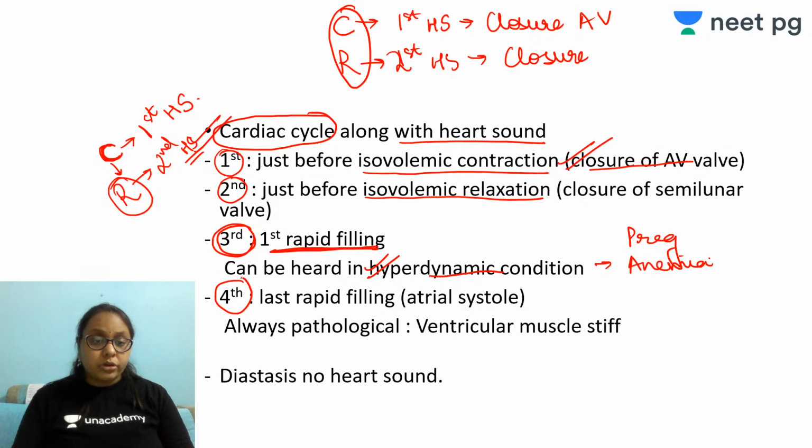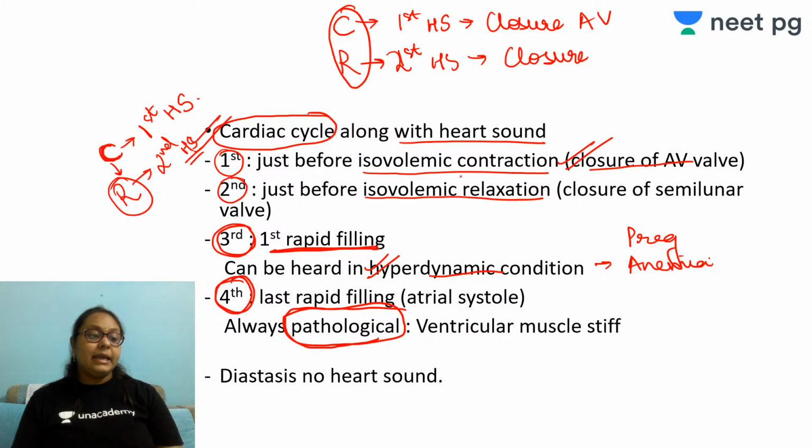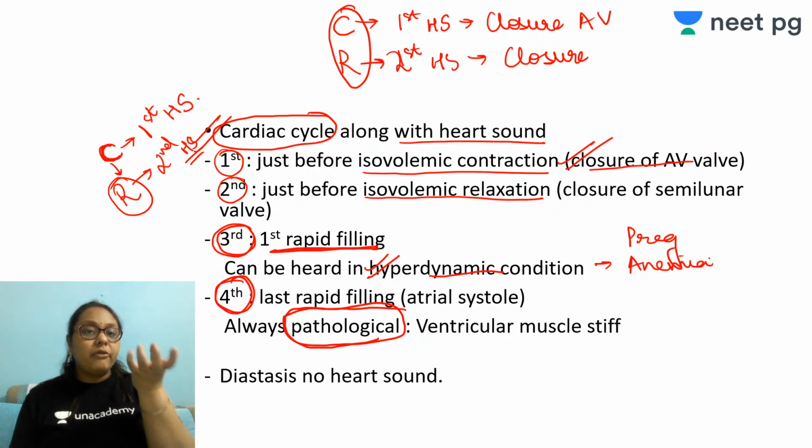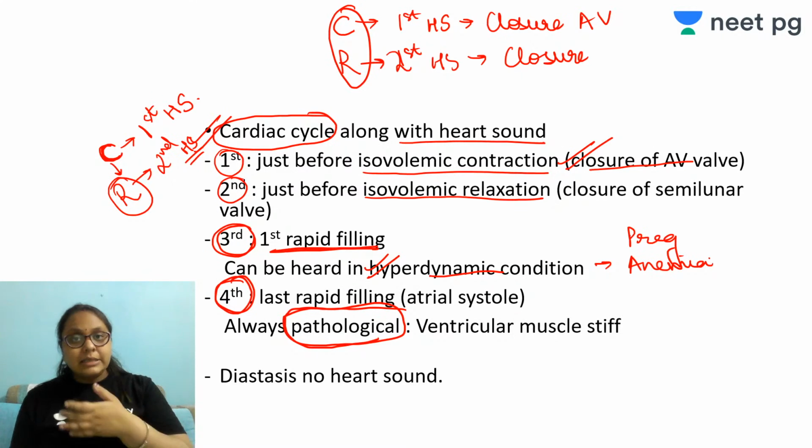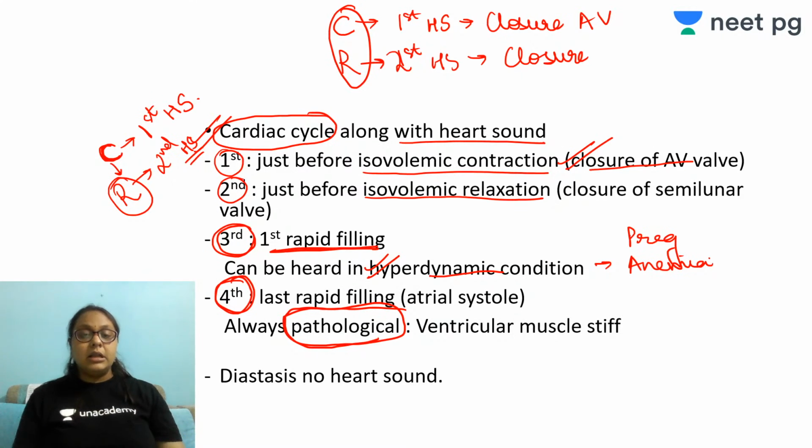But the fourth heart sound is always pathological. Remember, it is always pathological, and it is heard during the last rapid filling because of the atrial contraction, the atrial kick, which causes the last rapid filling of the ventricle. That produces the fourth heart sound.